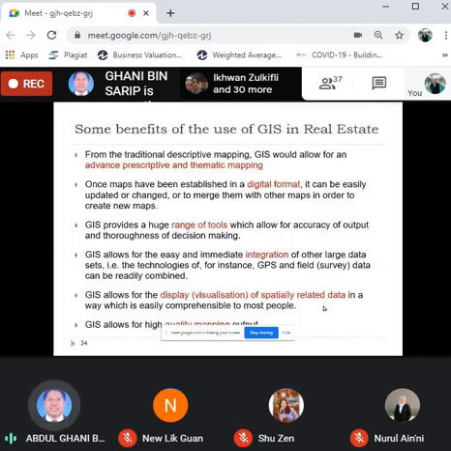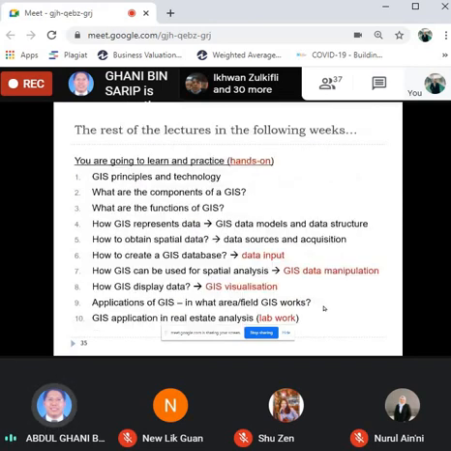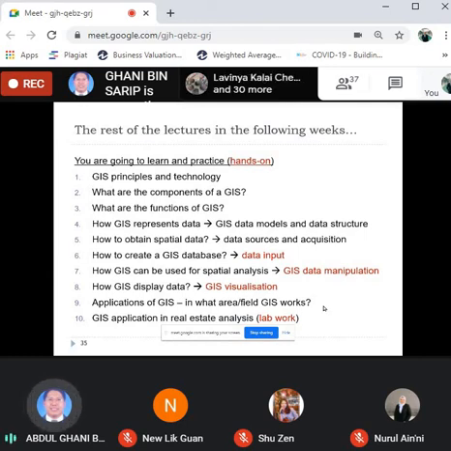Okay, that is all about the first topic, introduction to GIS in real estate. Basically, this is a typical activity that we usually do in a GIS class, an actual class.